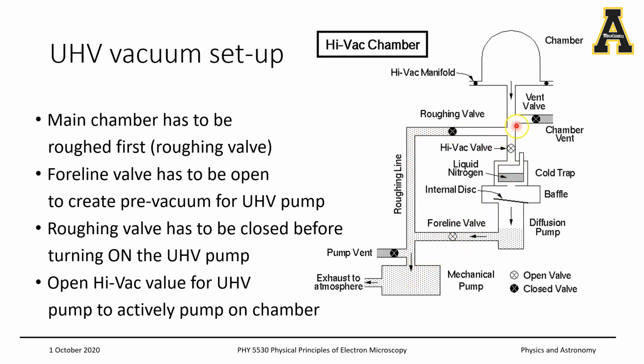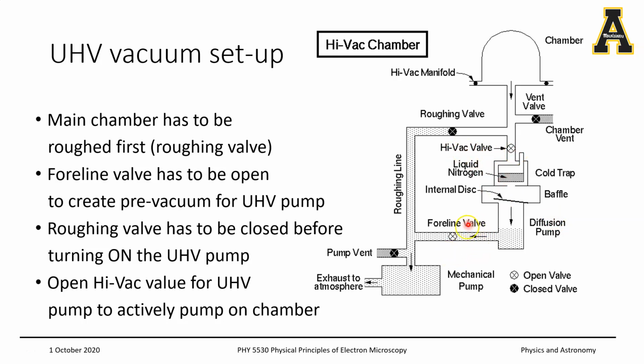Once you have achieved a certain pressure within the chamber, that is when you open the foreline valve. So now your mechanical pump is pumping on both the chamber and the diffusion pump. But keep in mind, the diffusion pump or any other ultra high vacuum pump is not on yet, and the high vacuum valve is also closed.